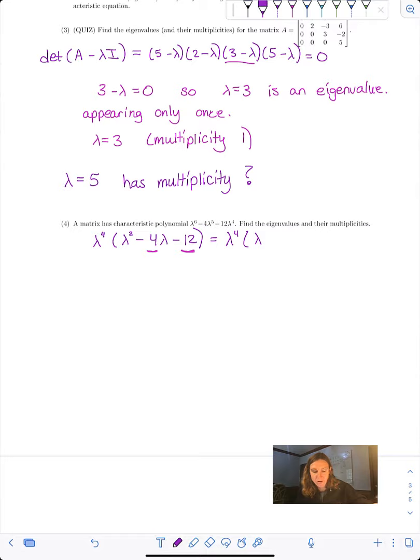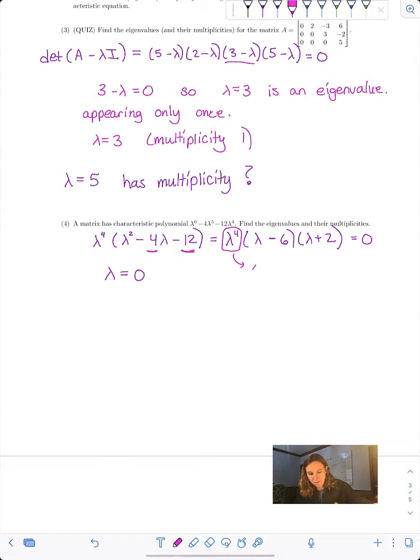I need a sign on it, and since that 4 is also a negative 4, I go with negative 6 and positive 2. And you can double check that negative 6 times 2 is negative 12. Negative 6 plus 2 is negative 4. Okay, and we need to set this equal to 0. And so now we have lambda equals 0 is one of our eigenvalues that comes from this guy here.